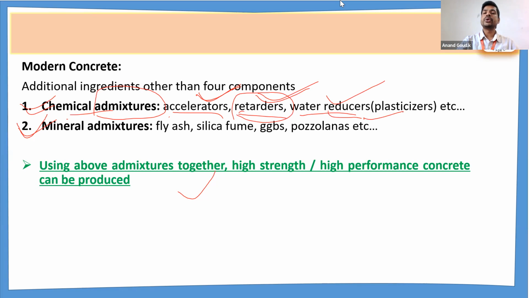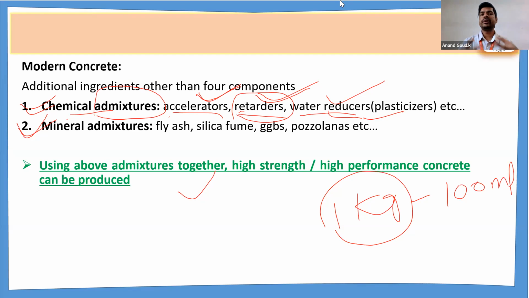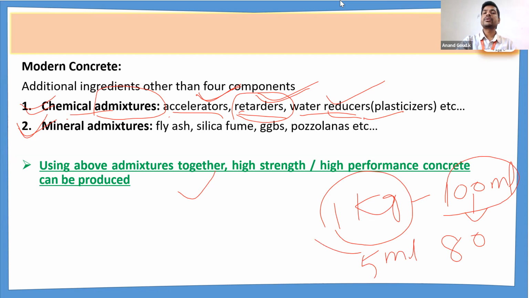Suppose you want to produce 1 kg of concrete, and for that 1 kg of wet concrete I need to use 100 ml of water, just assume. But here, what I am doing is reducing the water quantity to 80 ml and using 5 ml of water reducer. Normally the initial quantity of water is 100 ml, right?